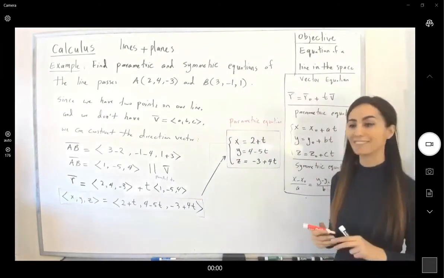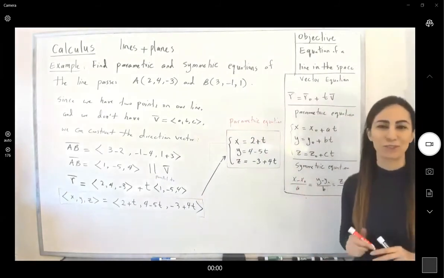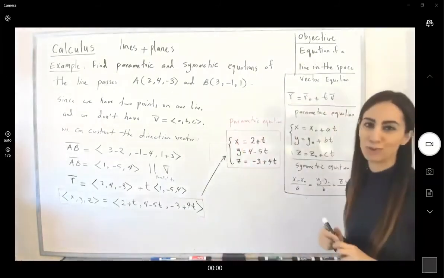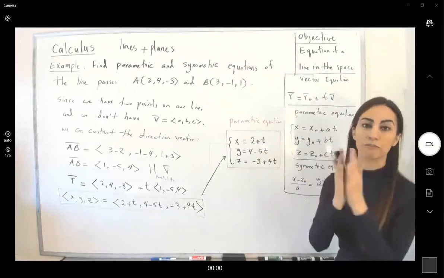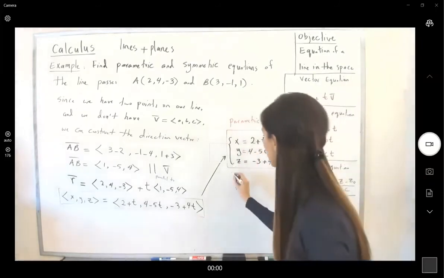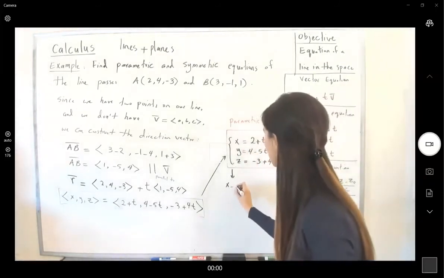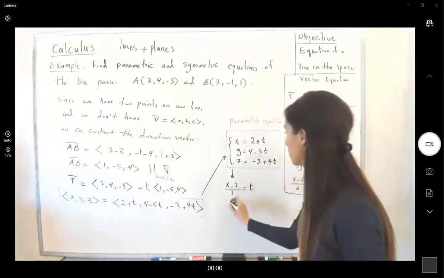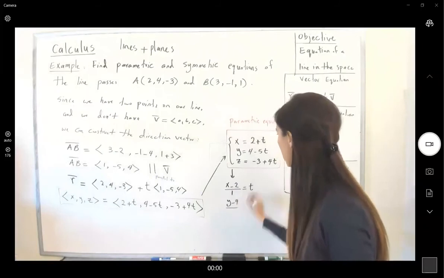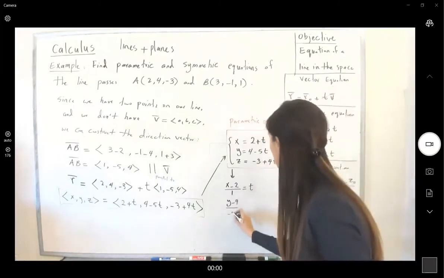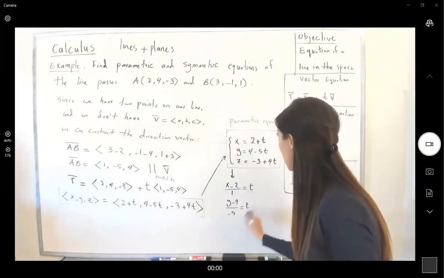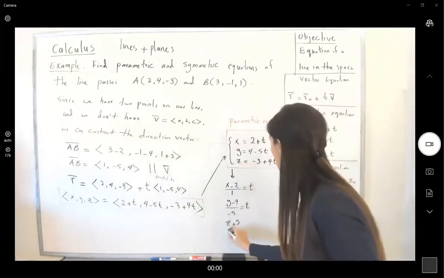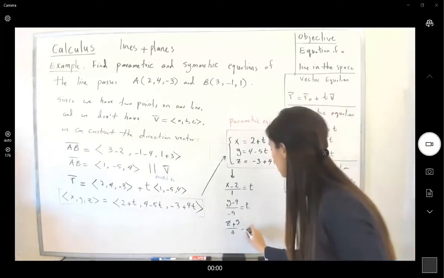Now we can write the symmetric equation of the line by setting t equal to all of those fractions, so the fractions must be the same. Here you have (x minus 2) divided by 1 equals t, (y minus 4) divided by -5 equals t, and finally (z plus 3) divided by 4 equals t.